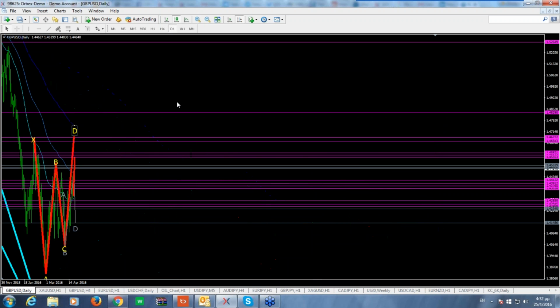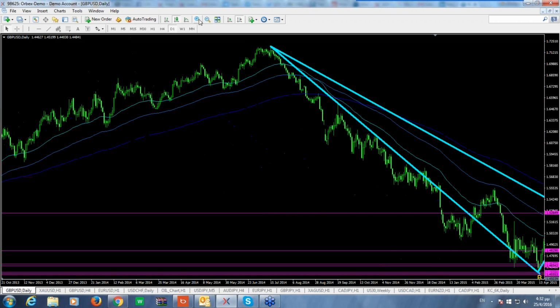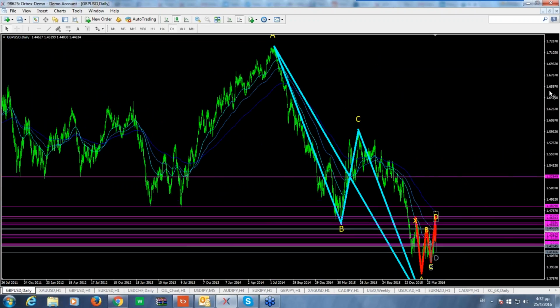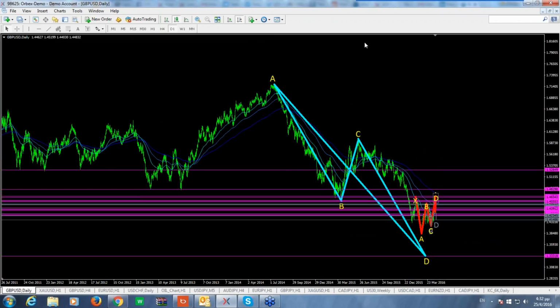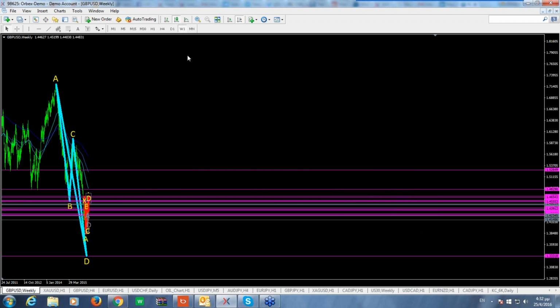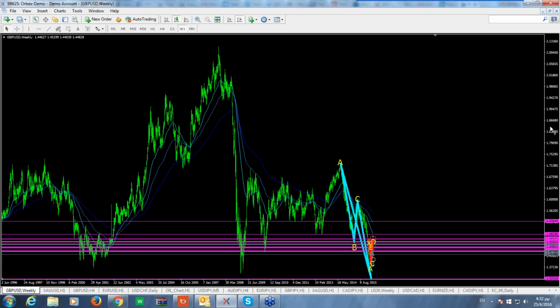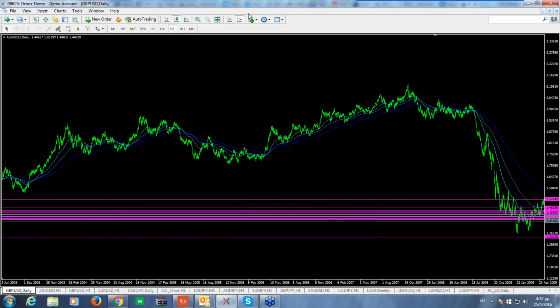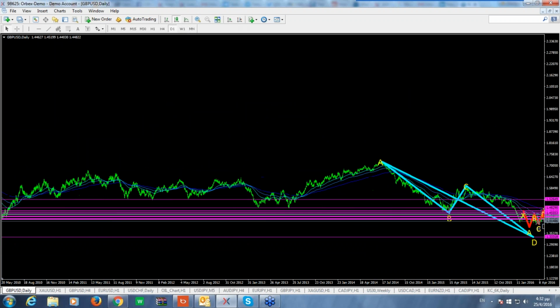When we quickly go on to the daily chart, we are looking at a totally different picture here, because if you remember, from the daily or even the weekly chart, we have more space to the downside on the long term.